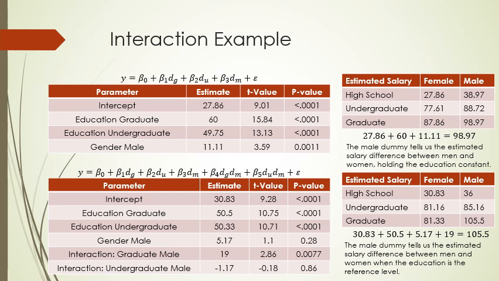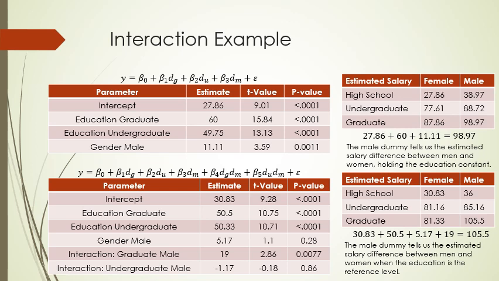From the model, we may estimate the salary for each level. For example, the average estimated salary of men with the graduate education is $98.97 thousand, as the sum of 27.86 from intercept plus 60 from graduate dummy plus 11.11 from male dummy.